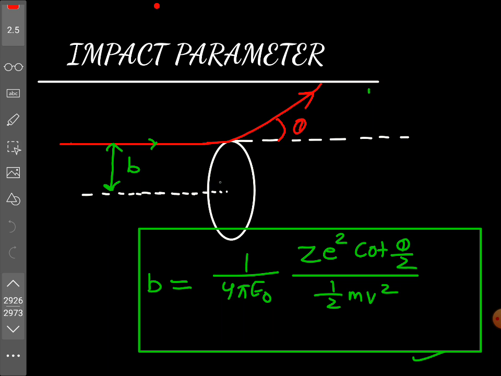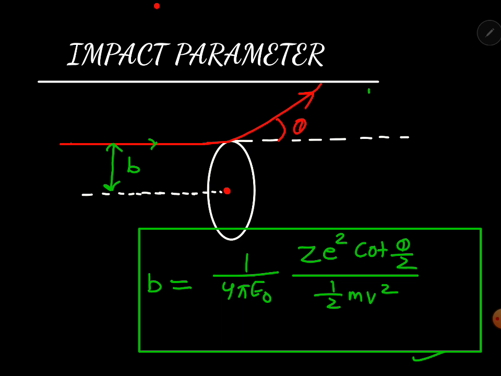If the distance of the alpha particle from the center of the nucleus is more, the deflection will be less, a smaller angle of deflection. When it passes very near the nucleus center, there will be a large angle of deflection.